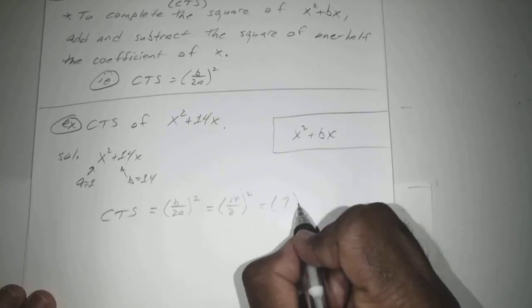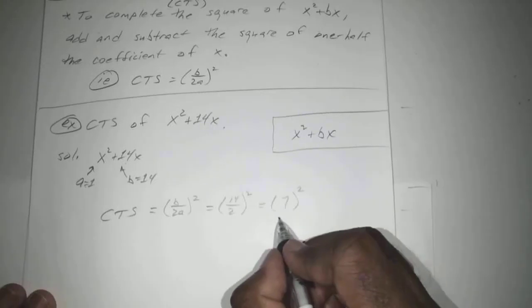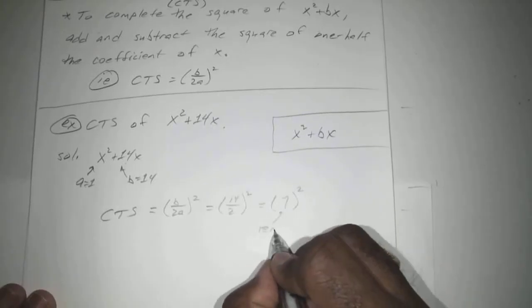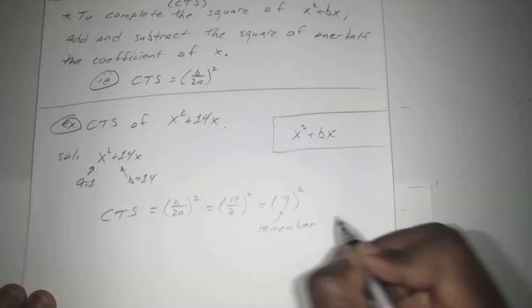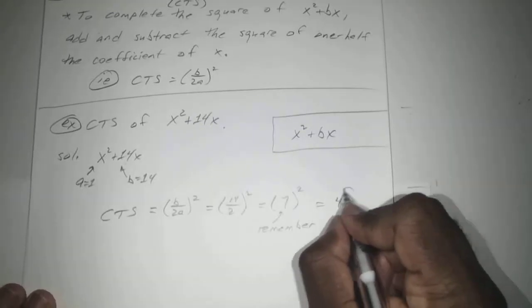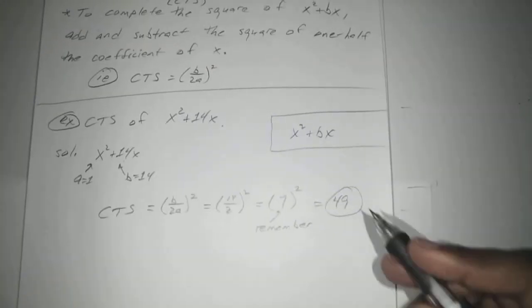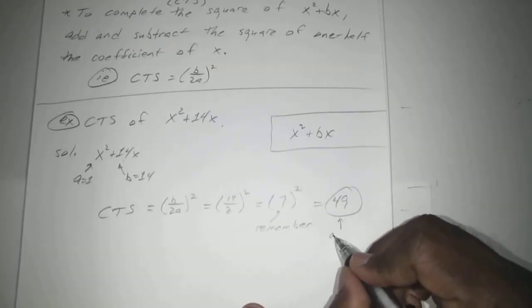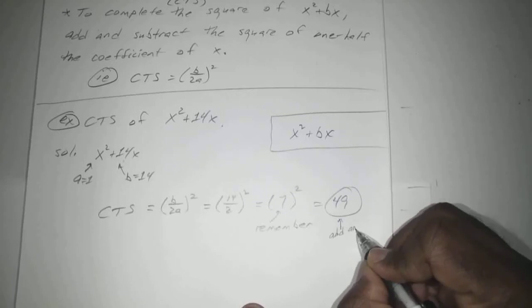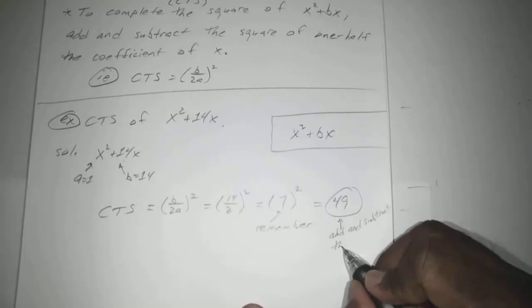So you have 7 squared. Before you apply the square, you want to remember this value, because we know it's going to be 49, and that's the value you're going to add and subtract.